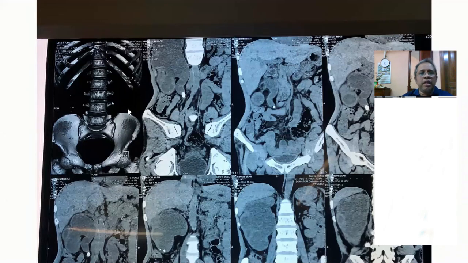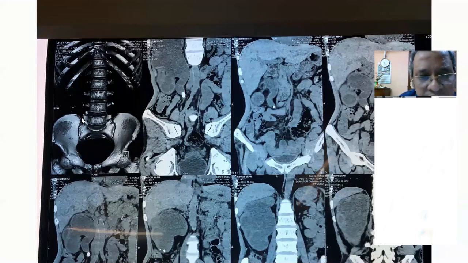Because if you see the subsequent film of the CT scan, you can easily evaluate that the stone is not located in the ureteric line. Suppose there is a stone seen here, and if you see it in the control film, it has gone to the medial side, not at the normal anatomical place.